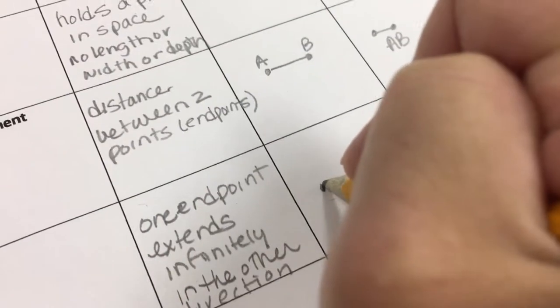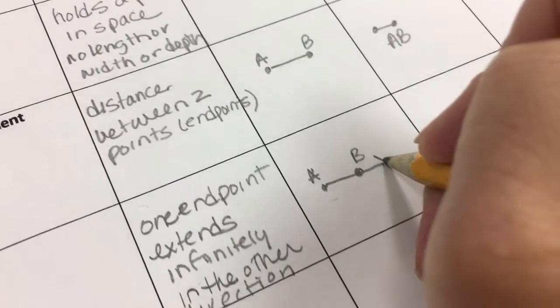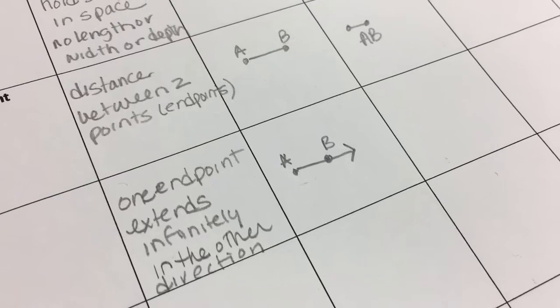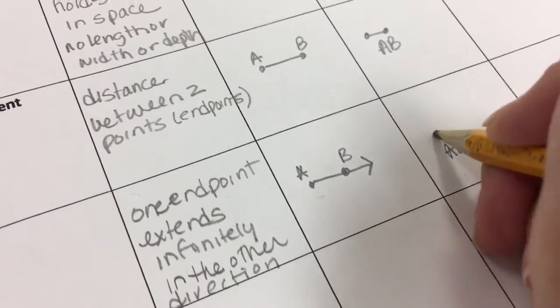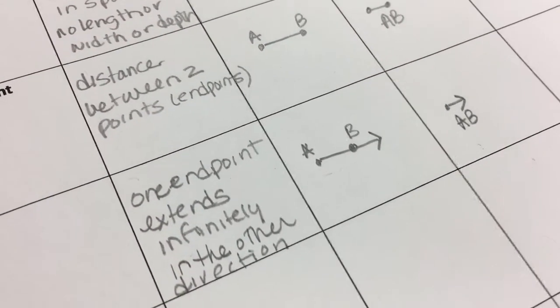How do I draw this? Well, I do this. Point, A, B, and an arrow. It gets one arrow. Okay, if I want to make it symbolically, then I do this. There's my 1 point, and there's my ray.